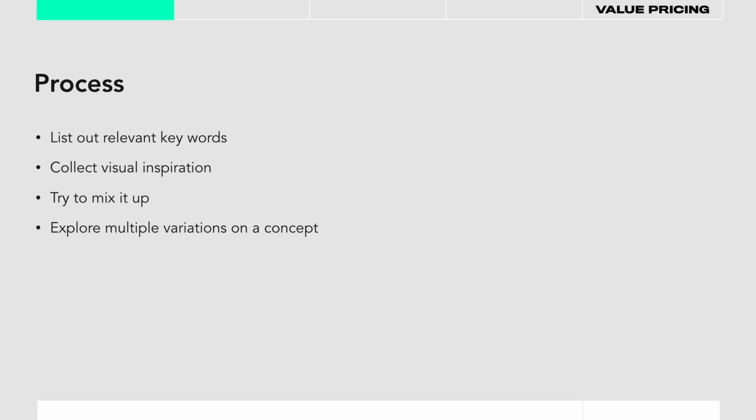Now, here's basically how my process works. I usually get started by listing out the relevant keywords to the project that I'm working on. So this is something maybe technical, but it might also be associational, right? So if I'm doing a project, let's say for cars, because we were just talking about cars, I might list out words like car, wheel, steering wheel, roof, all these types of technical words that are associated with a car.